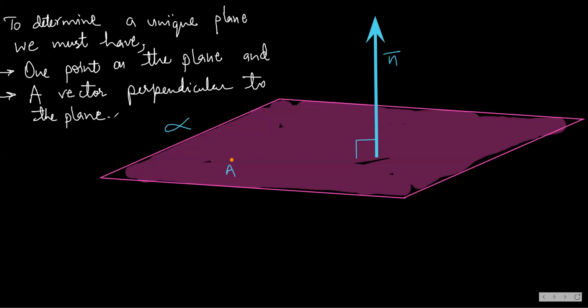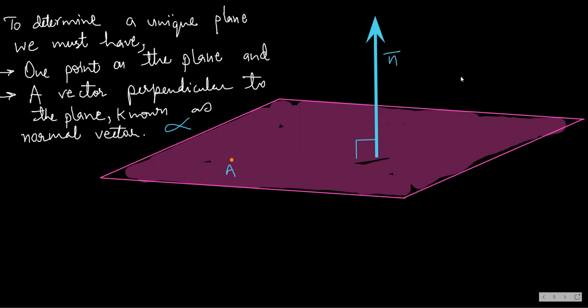A vector perpendicular to the plane is known as a normal vector.